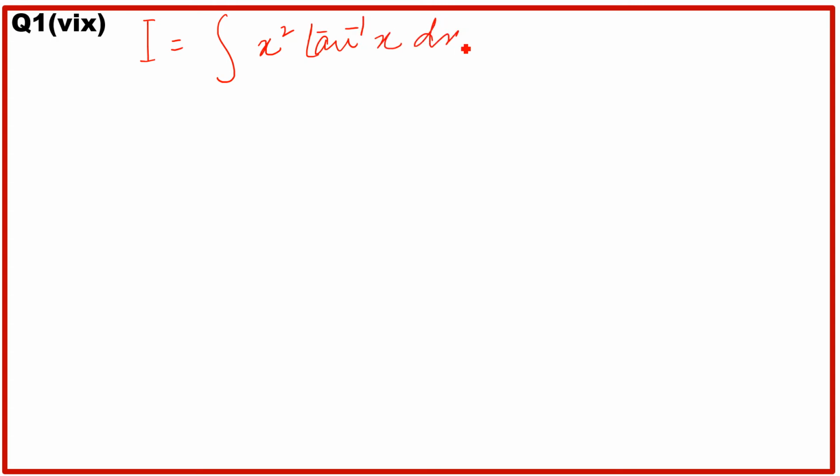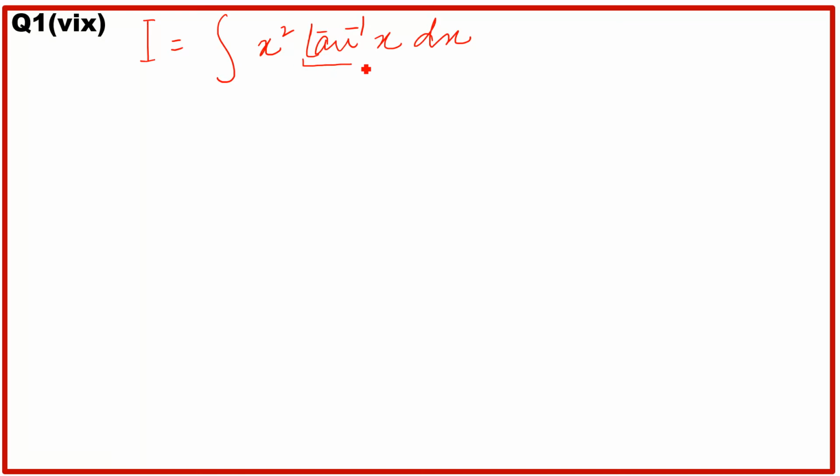See, I have told you in the last question, number 8, if we have one algebraic expression and the second one is trigonometric, then we have to consider the algebraic as the first function u and the trigonometric as the second function.